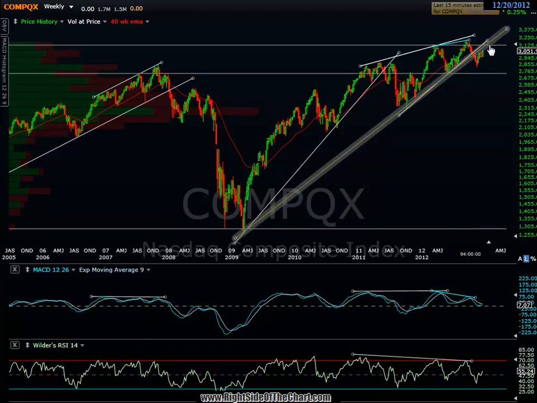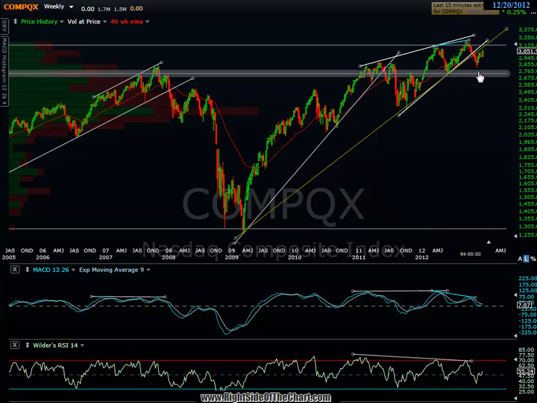If this continues to come up, maybe retests, rides this trend line up a little bit and then turns back down, that would put in a right shoulder. This would be your neckline here, and that would project quite a bit lower. So something to watch. Overall, because of the divergences in place, I believe this chart still looks bearish longer term.